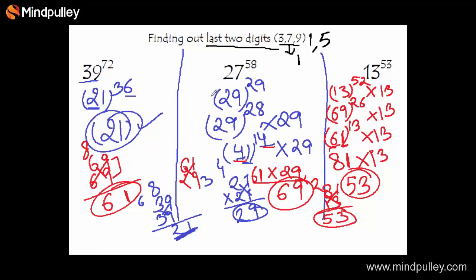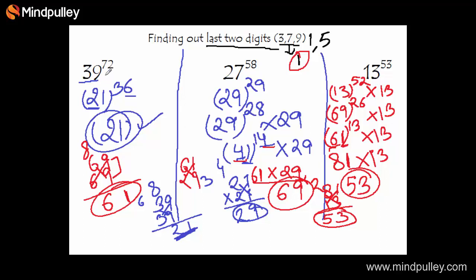See how easily and how quickly we are finding the last 2 digits for numbers ending with 3, 7 and 9. The first thing is that we convert the numbers that end with 3, 9 and 7 into numbers whose last digit is always 1.